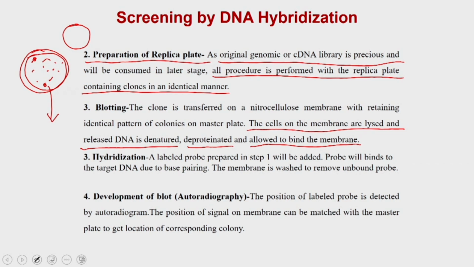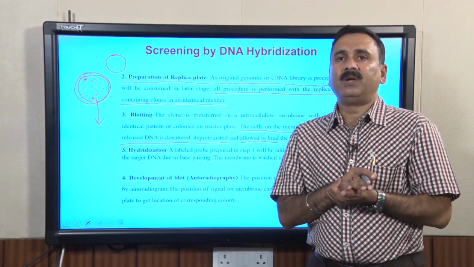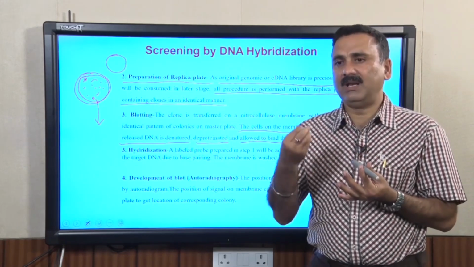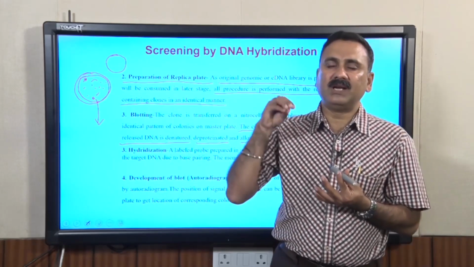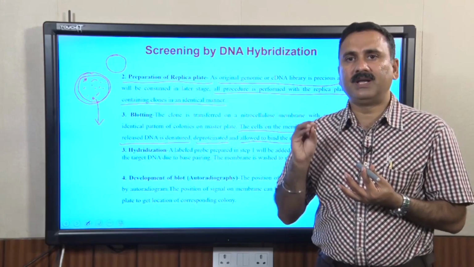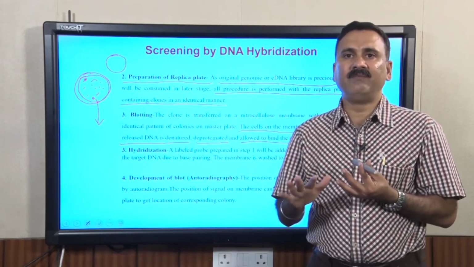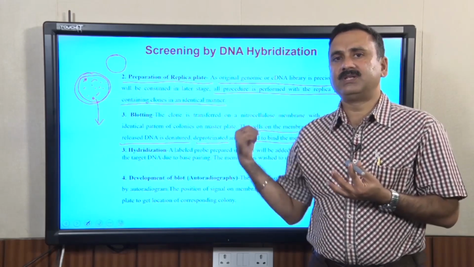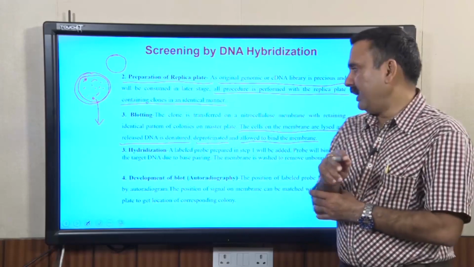The nitrocellulose membrane you use has a very high affinity for DNA molecules, and because of that, once the bacteria release the DNA from their cells, it gets blotted onto the membrane itself. In this process you also denature the proteins, so that the protein part gets washed away.